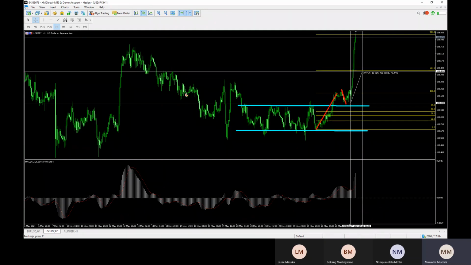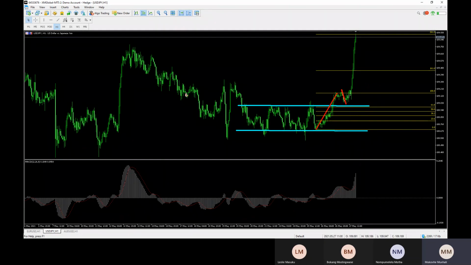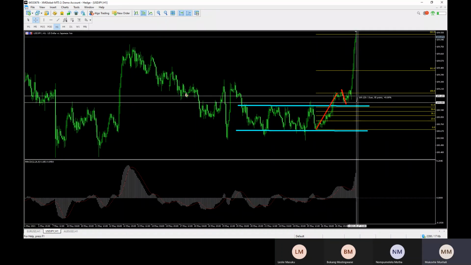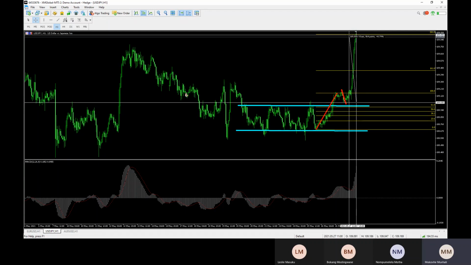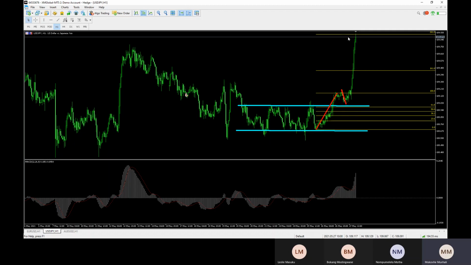Okay, that's what you have here. And if you are opening two trades, then you can take your profit at the second level, which will be 261.8, and you're gonna take about 860 points. So depending on your leverage, that's a lot of money.